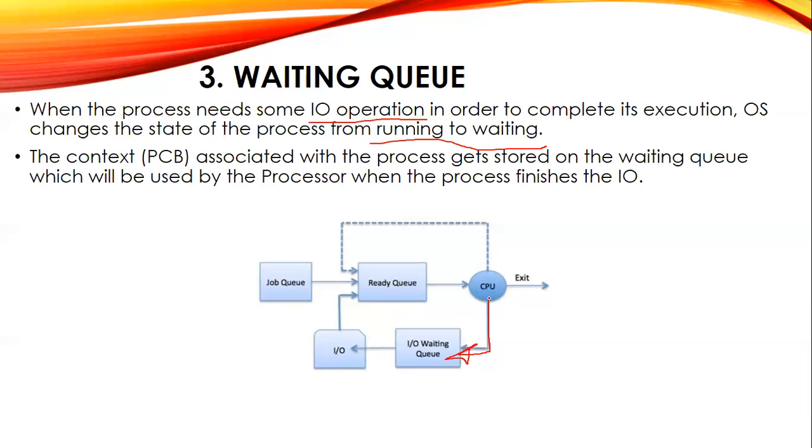So when it goes this way, it means your state is not running anymore. It is in waiting state. The process control block associated with the process gets stored on the waiting queue, which will be used by the processor when the process finishes the input-output operation. So in this case, it will go to the waiting queue.